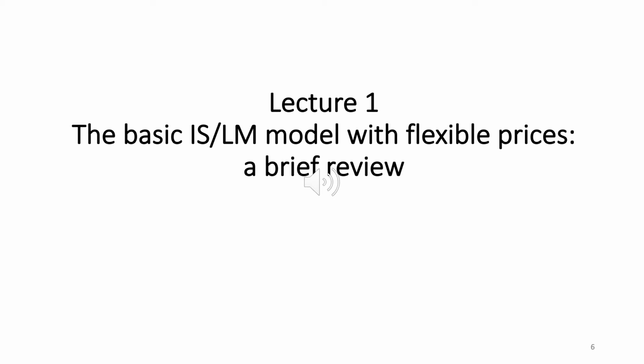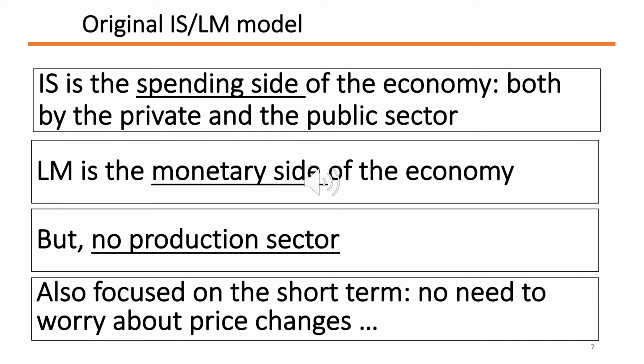Let's start with Lecture 1 today with the review of the basic ISLM model, to which we're going to add only one innovation today, which is flexible prices. In the most basic version of the ISLM model, the economy consists of two sectors only.